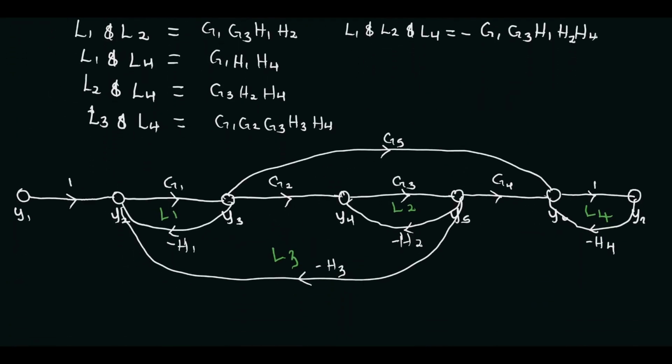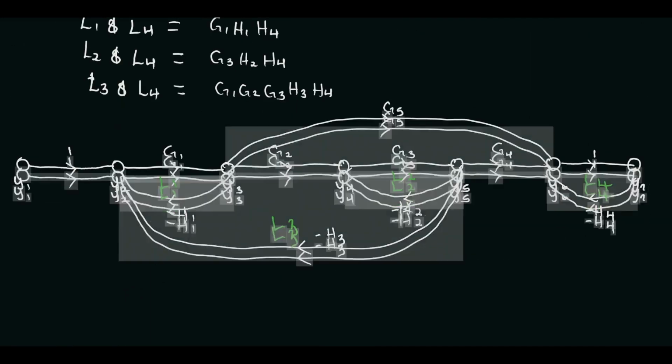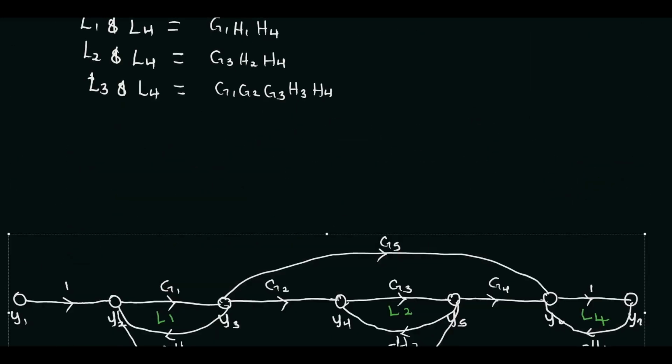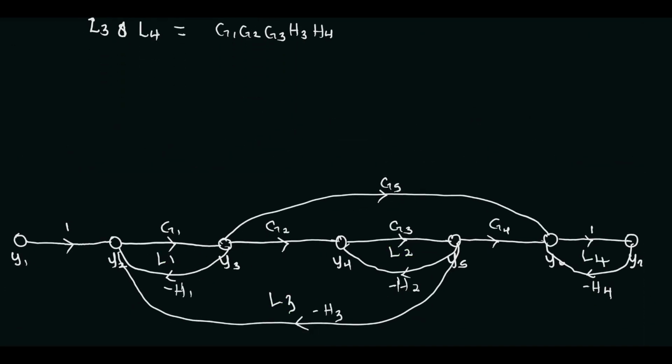And now it's time to find the graph determinants. Now we have to calculate the graph determinants. So let's calculate the total delta first.